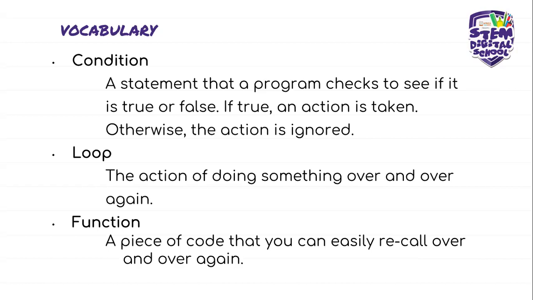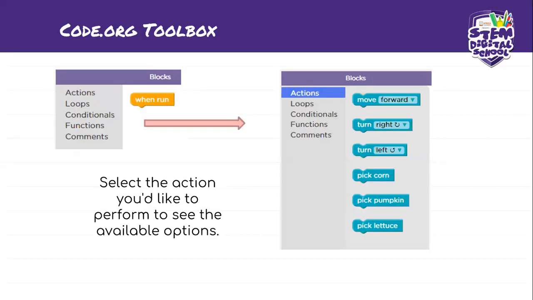So a function, that is our focus today, is a piece of code that you can easily recall over and over again. So if we look at our new toolbox, because we have so many commands and loops and conditions, our toolbox looks a little bit differently than usual, and we actually have to go and find what we are looking for.